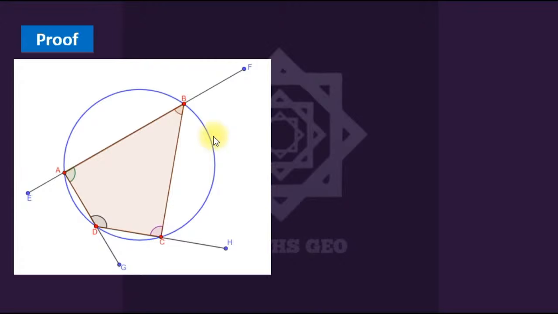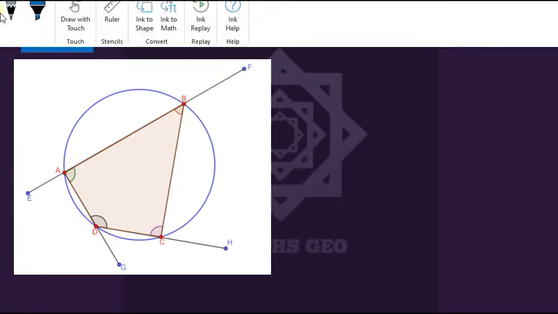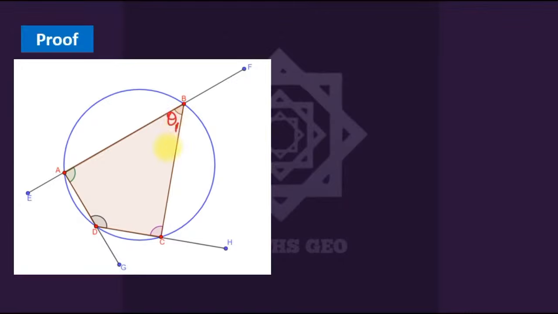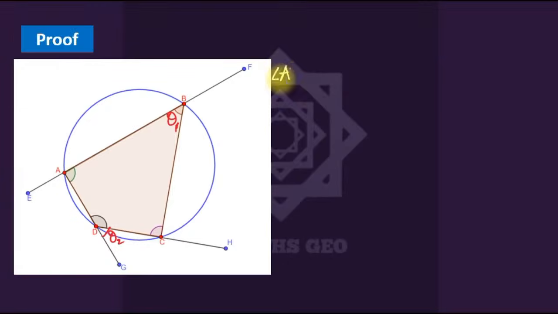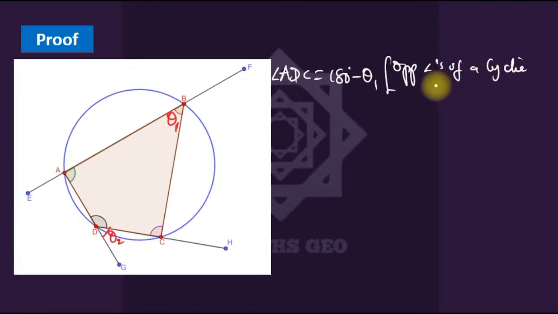Okay, look at this. Let's just use one and prove. If I call this theta 1, let's see whether it is equal to theta 2, which is this. From our cyclic quadrilateral, the first theorem, we know that angle ADC will be 180 degrees minus theta 1, based on opposite angles of a cyclic quadrilateral.